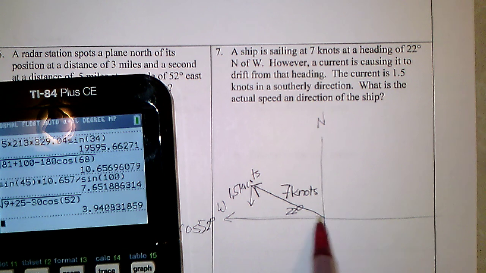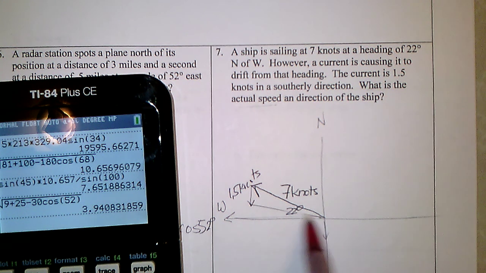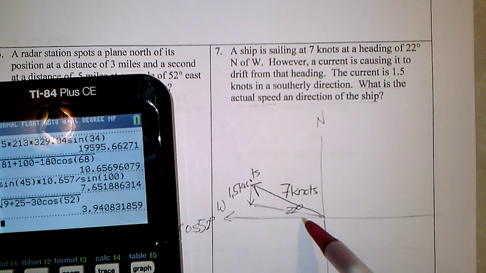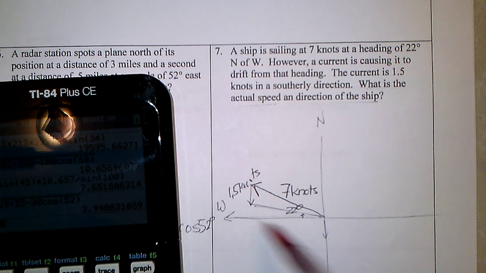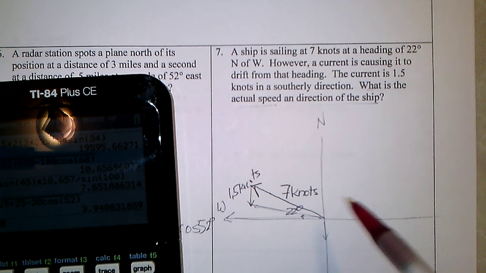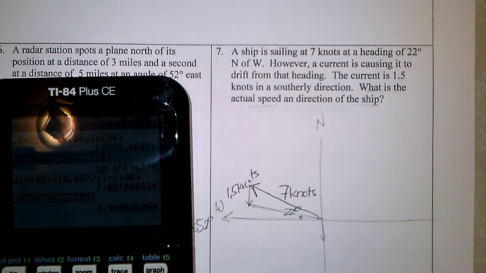And we got to figure out this, what's the speed, so how long that is, and the direction. At what angle is this? Some degrees north of west, probably. So, there's no right angle in this, but we could do side angle side.